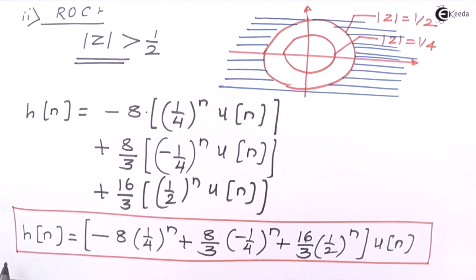So this is the inverse Z transform we'll get for the second ROC. Let's check out the third ROC.